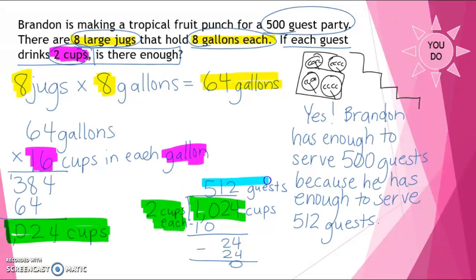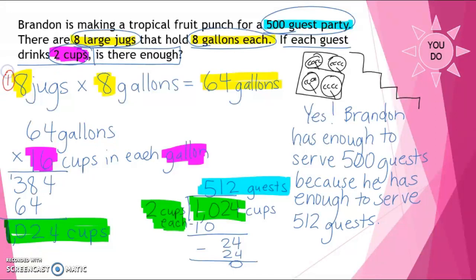Well, you can serve 512 guests. So, does Brandon have enough? Yes, because he only needed enough to serve 500 people, but he actually will have enough to serve 512 people.